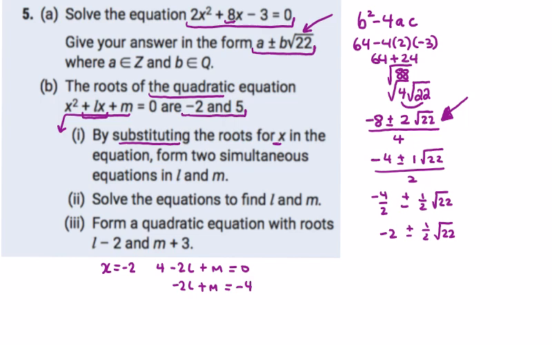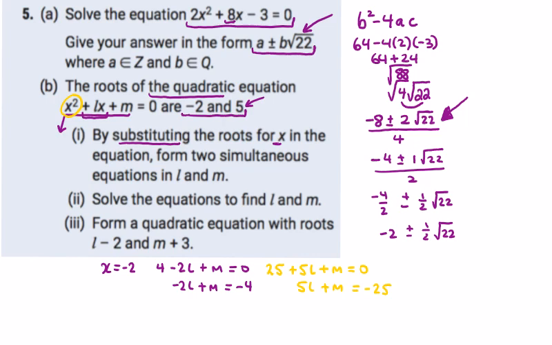And if we substitute x is equal to 5 in, we will get 5 squared, 25, plus L times x, so that's going to be plus 5L, plus M equals 0, so we get 5L plus M equals minus 25.